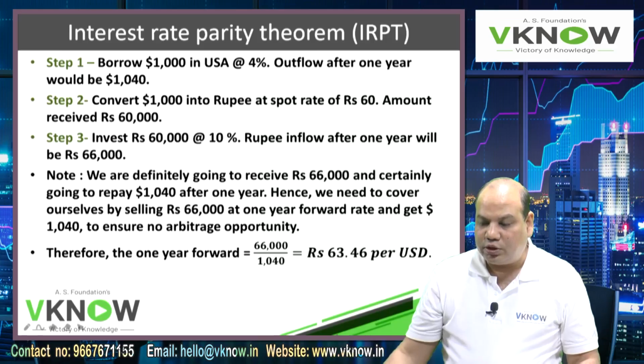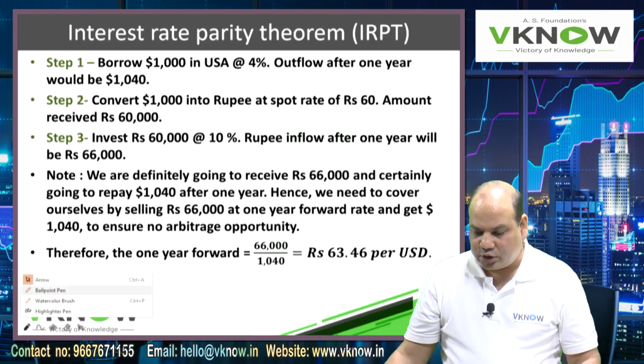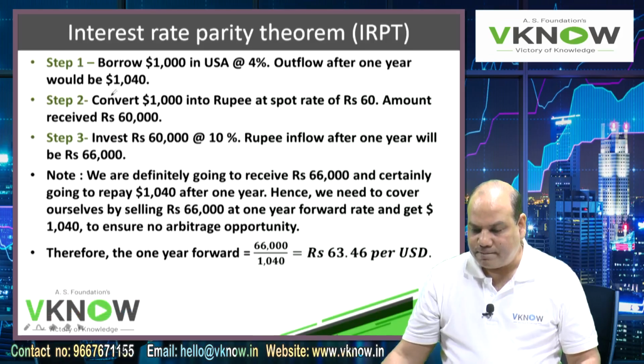So he will borrow $1,000 in USA at 4%, and his outflow after 1 year will be 1040. How did you get 1040? He will have to repay 1000 principal and 4% interest. So this number is locked.